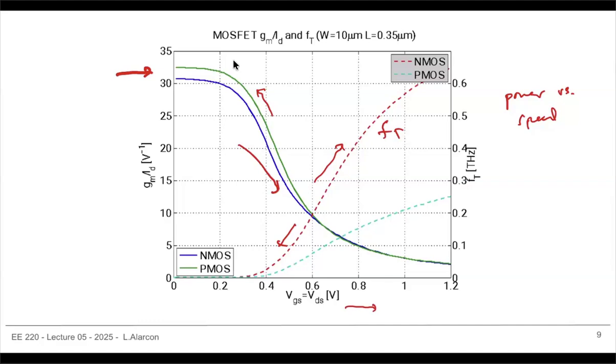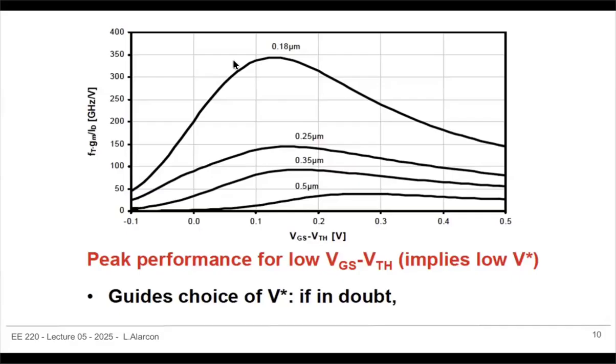And one of the reasons, remember, we talked about this earlier, and this is nice because I can come up with a composite figure of merit. I just multiply FT with GM over ID, and I get a good estimate. Let's say I don't really have a good spec, or at least a generic amplifier, and I want a good trade-off between power and speed.